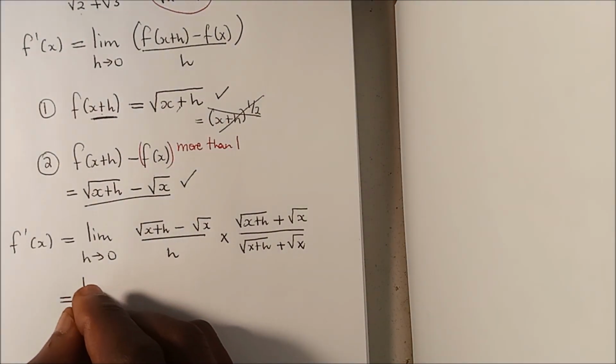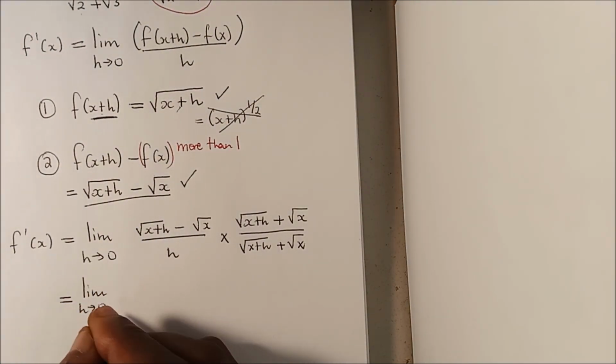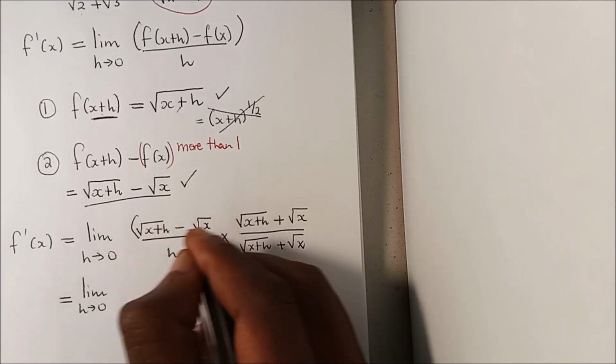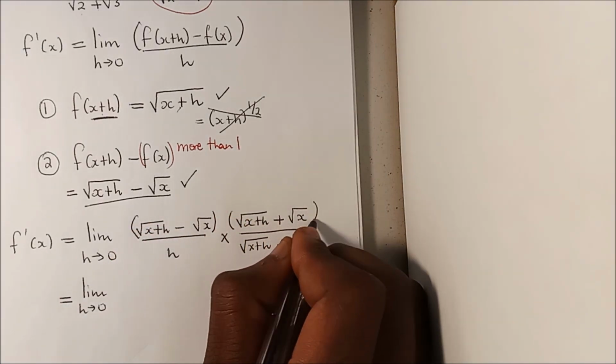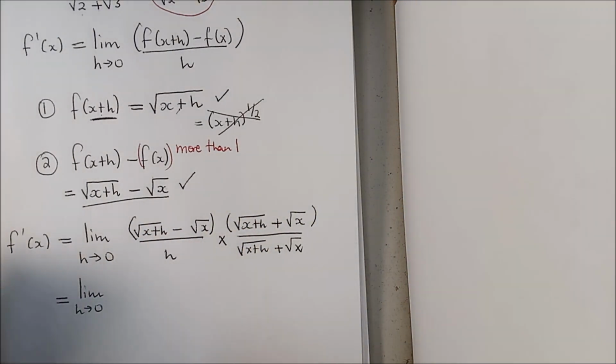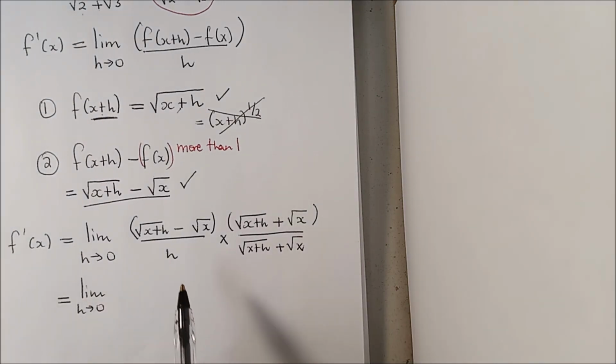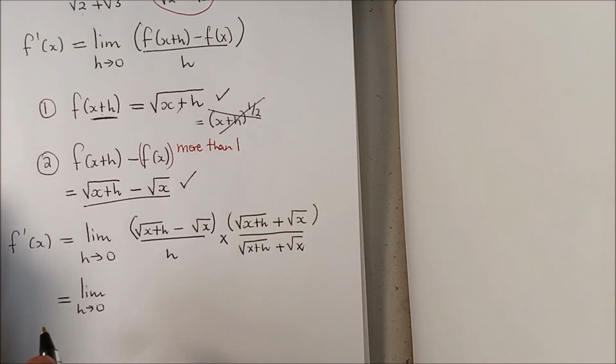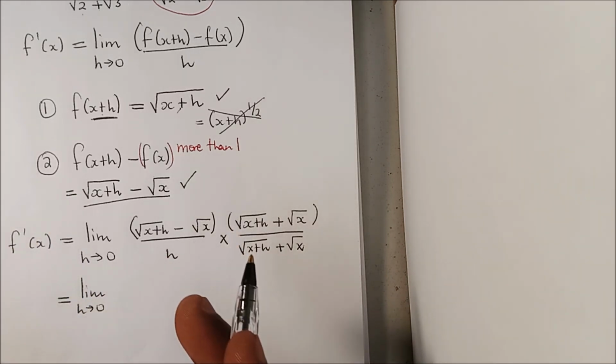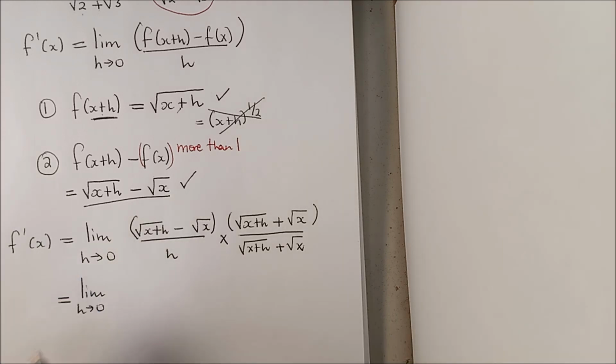So we have the limit as h goes to 0. Notice that if you look at these two brackets, when you multiply them, you'll get something like difference of two squares. So there's no need to use FOIL. You can just multiply the first terms, the middle sign will be minus, and then you multiply the last terms.